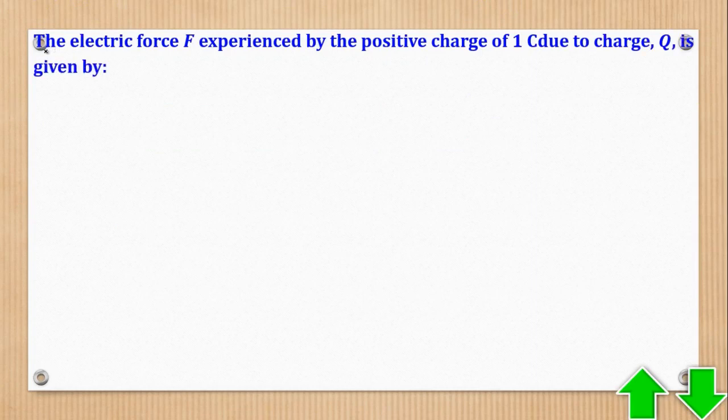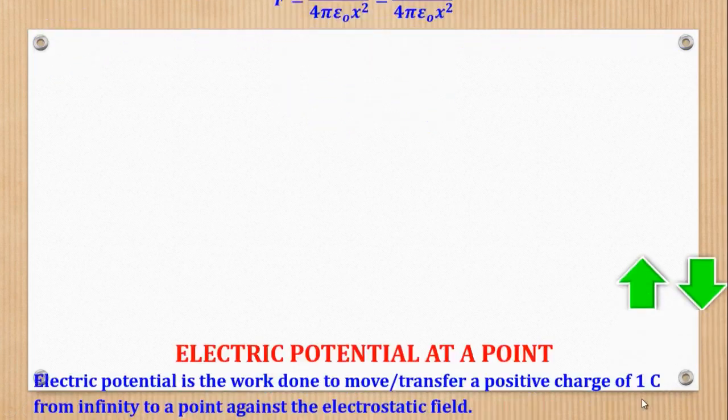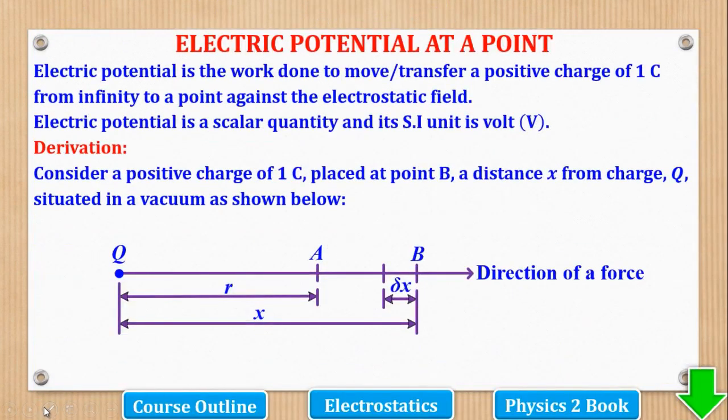So we shall come and say that the electrostatic force F experienced by a positive charge of 1 coulomb due to charge Q is given by this formula. Remember, this is the formula Q1 times Q2 over 4 pi epsilon naught r squared. Now in this case we are using x because if you look at this diagram, this is where our charge of positive 1 is, and this is another charge.